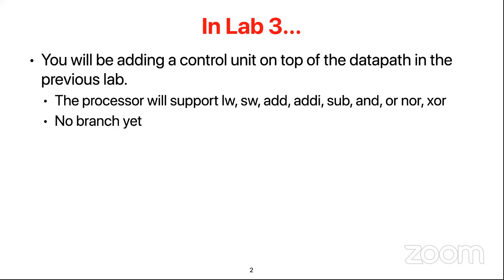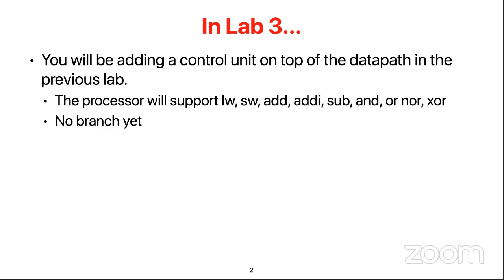However, for lab 3, we are starting to have a feeling that this is going to be a working processor. The main goal of lab 3 is that you are going to add a control unit on top of the data path from the previous lab. After you have the control unit, your processor will support instructions including load word, store word, add immediate, subtraction, and, or, not, and exclusive or.